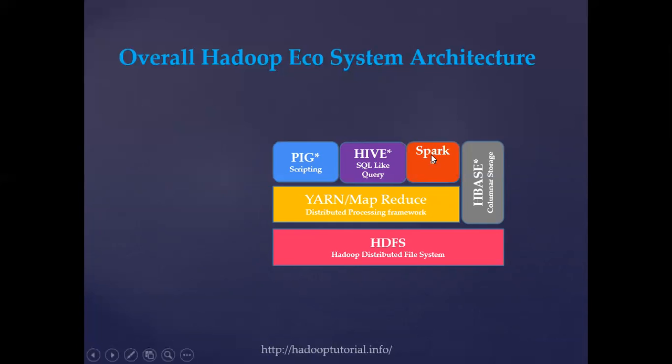But this is not completely matured, and people have started using it just for exploring POCs. Not even 1 out of 100 companies has Spark in production. I can say 1 out of 1,000 companies have Spark in production.